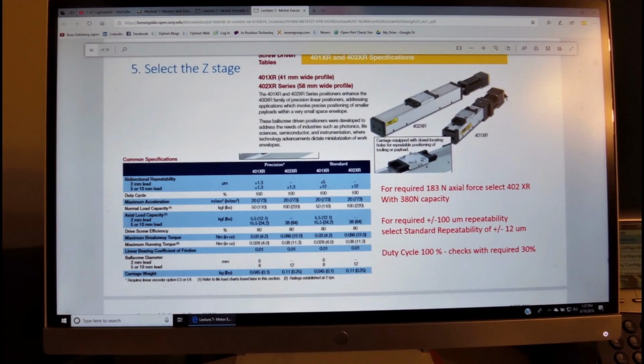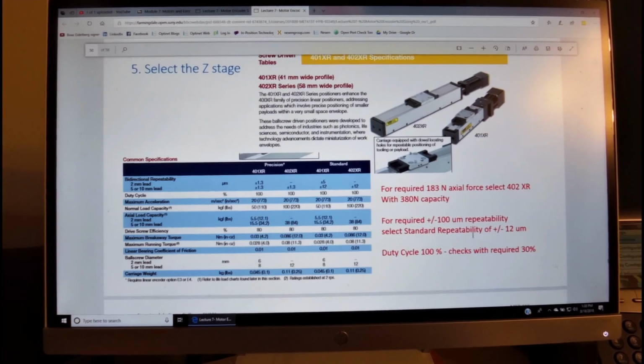We see how the stage looks, and then we find out the stage that meets the requirement. So if we required 183 newtons axial force, and we're given here 34.2 kilograms, which is 340-some newtons, then we know that this stage is going to satisfy the requirement.